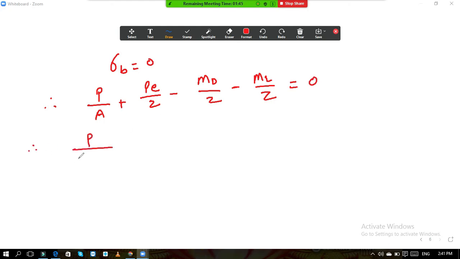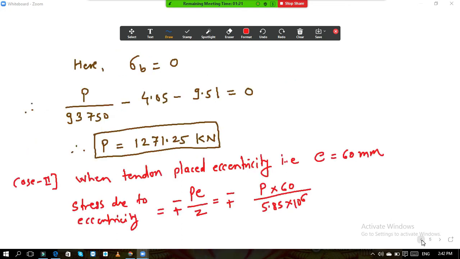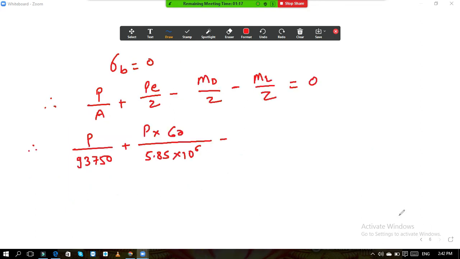Therefore P divided by 93750 plus P into 100 divided by 5.85 into 10 raised to 6. No, it is not 100, it is 60. Eccentricity is given as 60, minus 4.05 and 9.51.